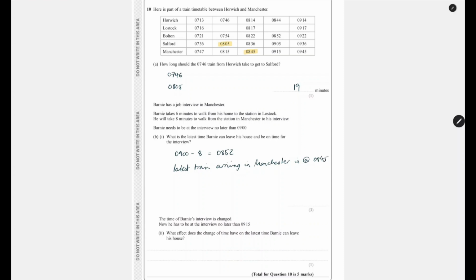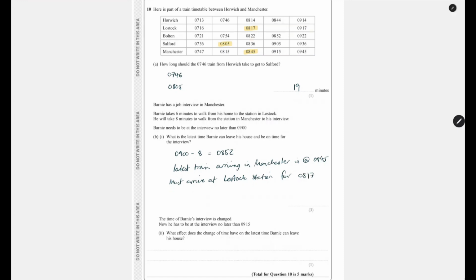And so that means that he needs to get to the Lostock train station by 8:17 a.m. So he must arrive at Lostock station for 8:17.